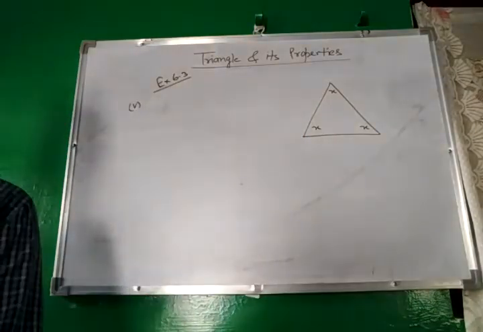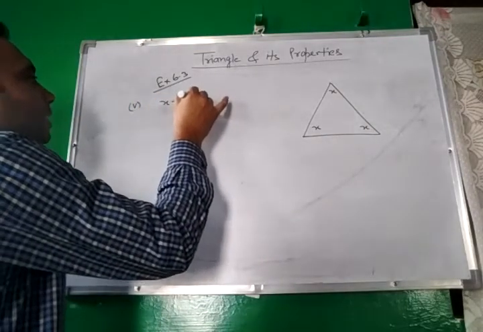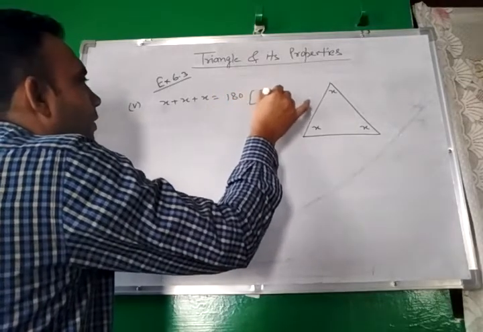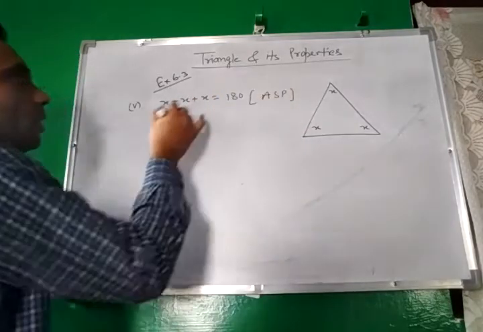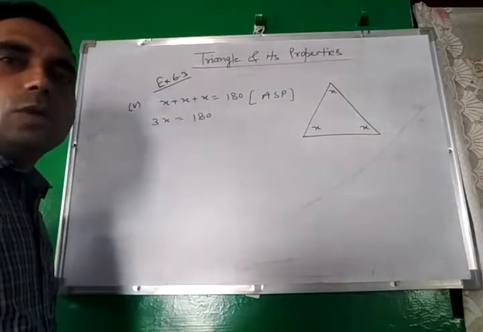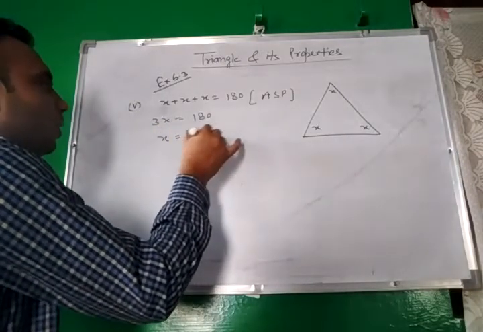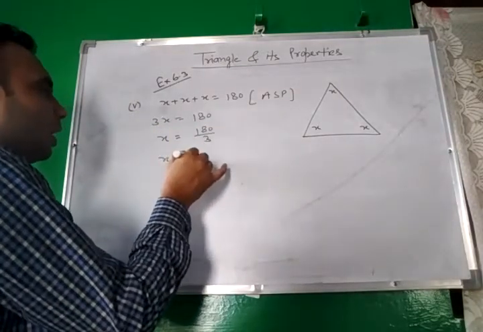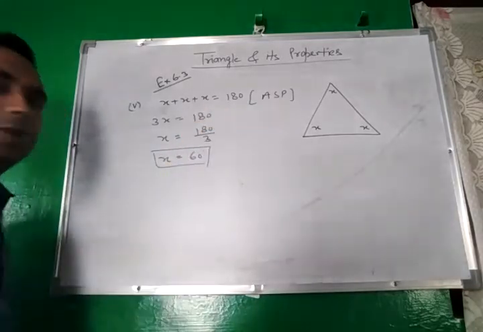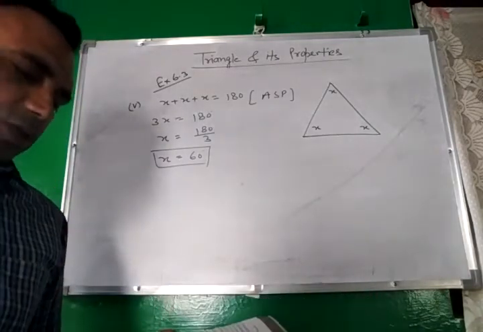Because the sum of all the angles is 180, x plus x plus x is equal to 180. Reason: angle sum property. x plus x plus x is 3x, so 3x is equal to 180 and x is equal to 180 upon 3, which implies x is equal to 60 degrees. So what is the value of x? x is equal to 60 degrees.